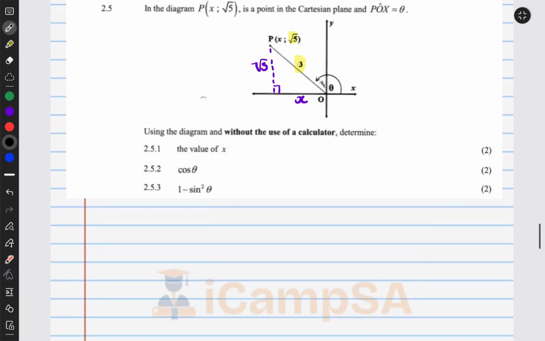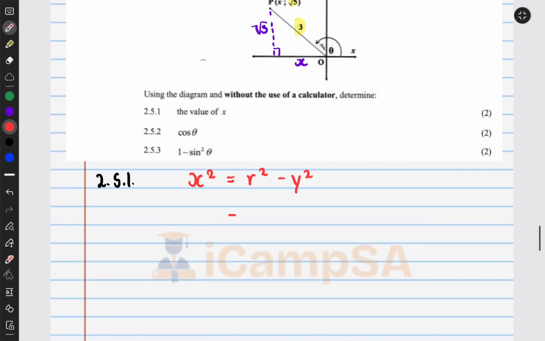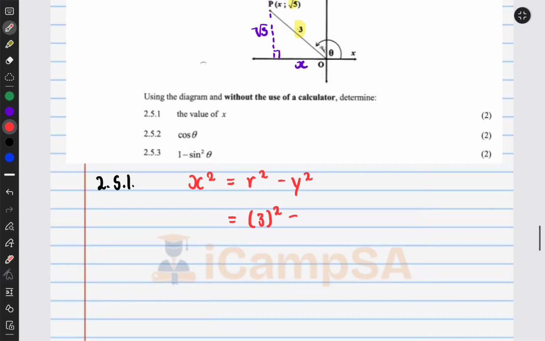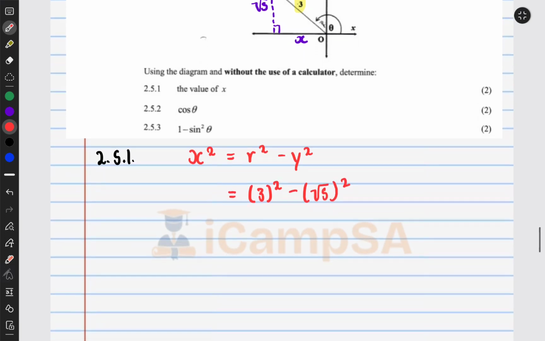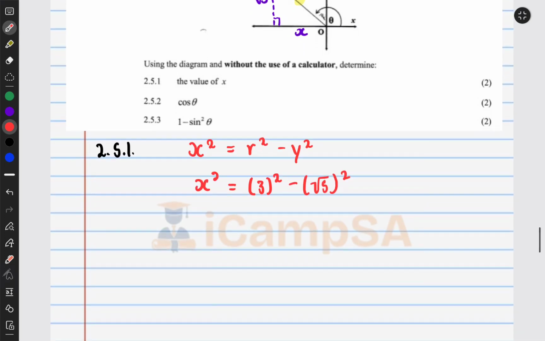So in 2.5.1, Pythagoras theorem: x squared is equal to r squared minus y squared. What is r squared there? Hypotenuse side, or the terminal arm, is 3 squared minus y squared. What is y squared? Is root 5 squared. Okay, this is x squared.